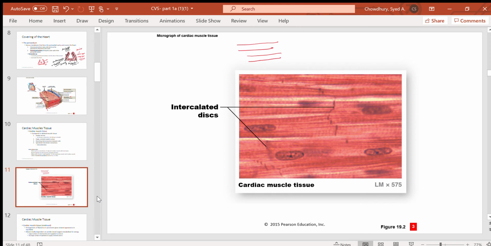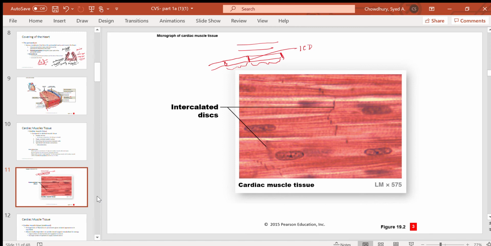The fibers are attached to each other by thick bands. These are called the intercalated discs.